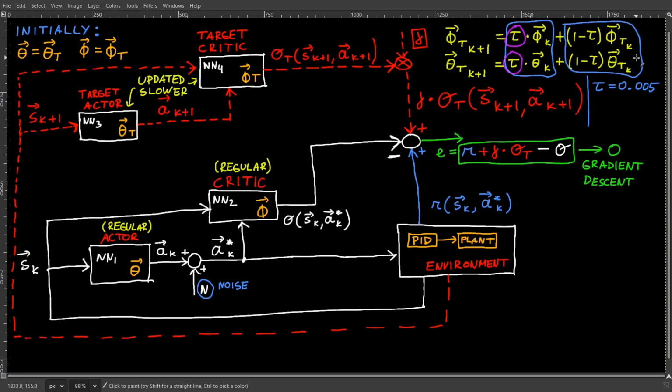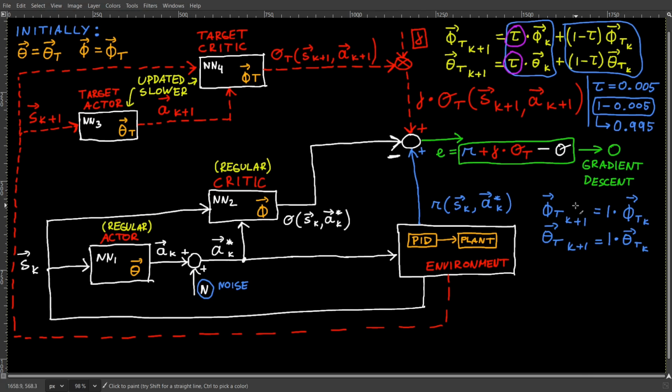And then in this term, I have 1 minus tau, which is 0.995. In other words, when I update my target networks, I almost multiply their weights and biases by 1. If 1 minus tau had been 1, then tau would have been 0. In that case, there would have been no contribution from the regular networks to the target ones, and I would simply be multiplying these two vectors by 1, which means that I wouldn't be updating anything here.